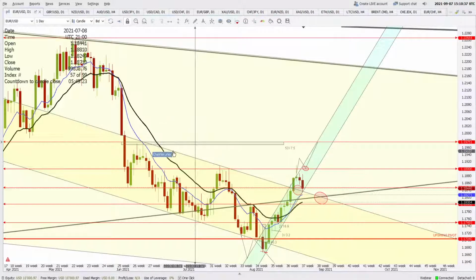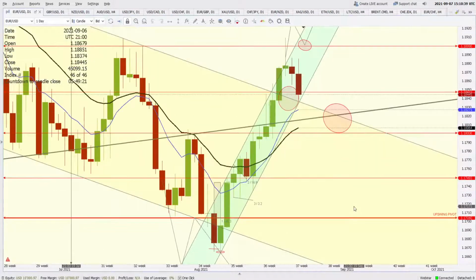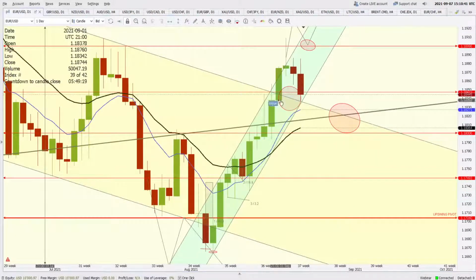So after we joined these highs, this line is going through today at around 1.1835 levels. So if the price comes back to 1.1835 levels, I'm not sure, but I'm very confident that if the price sees the 1.1835 region today, then it will be bought back immediately to go higher.